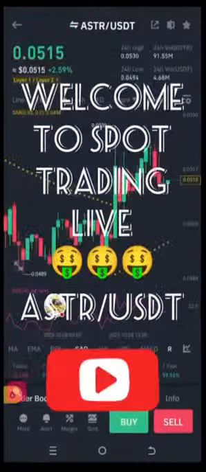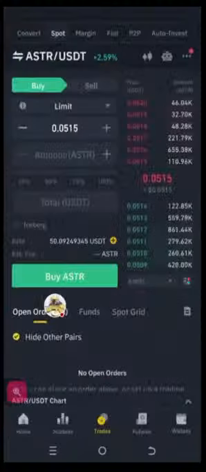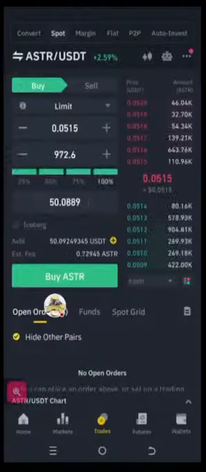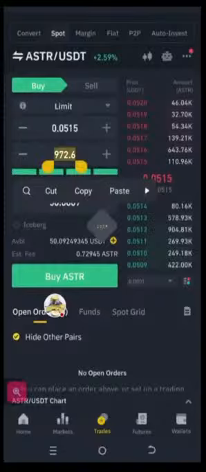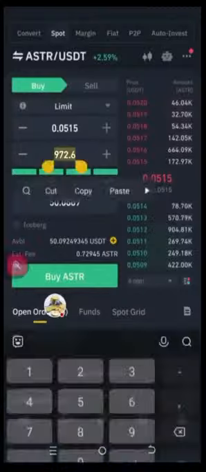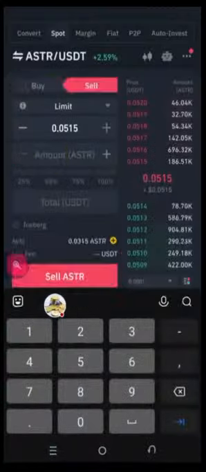Okay. Let's look at ASTR. We'll pick up everything with that. So then we copy it. Is it copy or cut? Okay. So where did it get to?